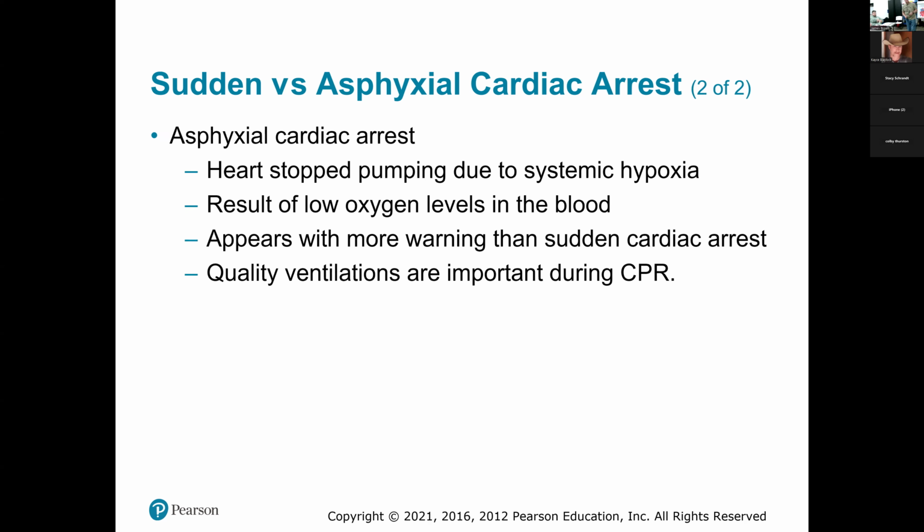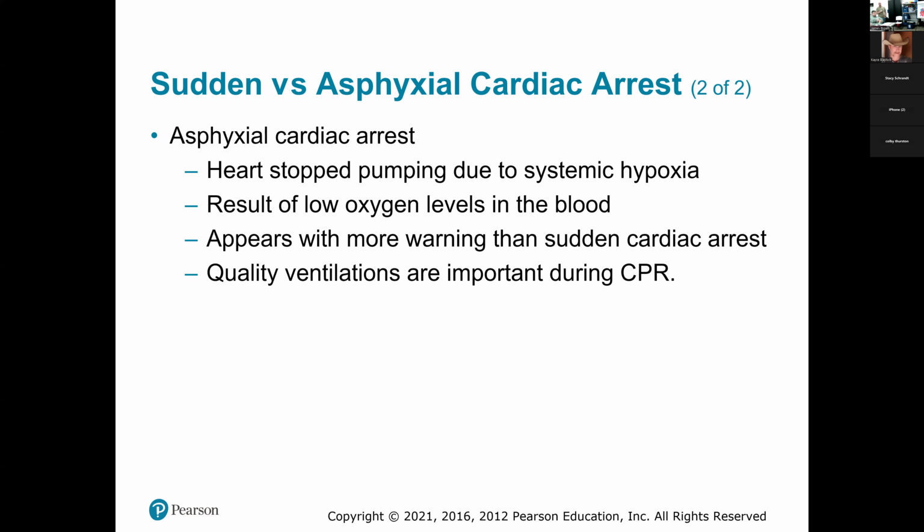Asphyxial cardiac arrest. What's that mean? Suffocation, right? So something's interfering with the oxygen delivery system, and that oxygen is not being passed through the body as efficiently. And now the oxygen going to the heart is decreasing.